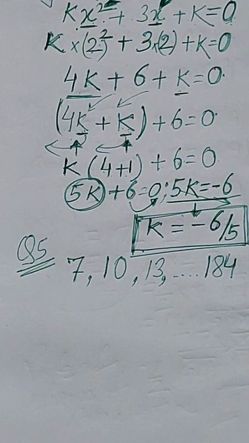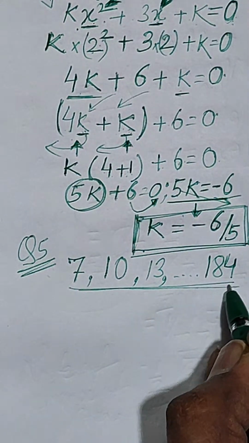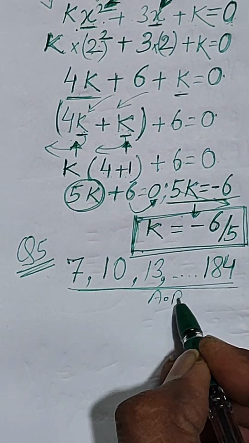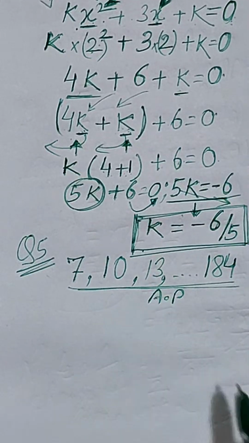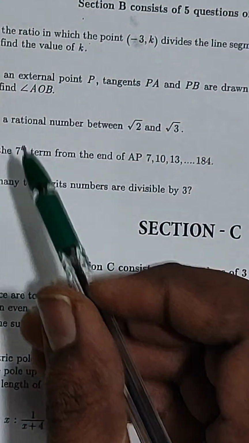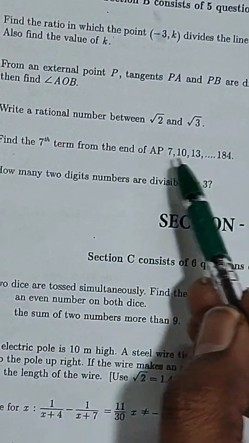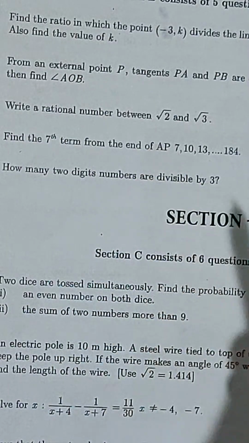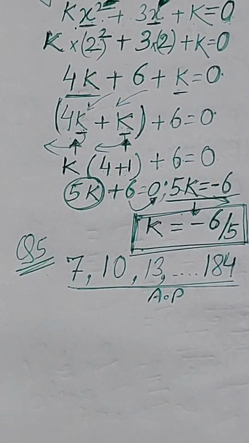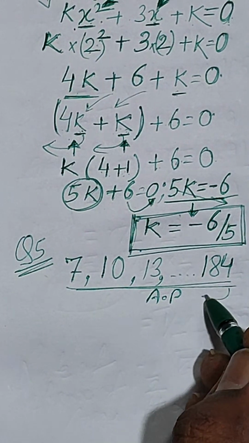This is a series of AP which is given to you. Now from this AP, what is the question? The question is: find the seventh term from the end of the AP. Seventh term from the end, that means from this side.